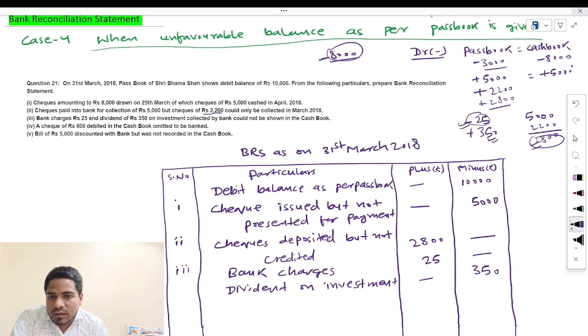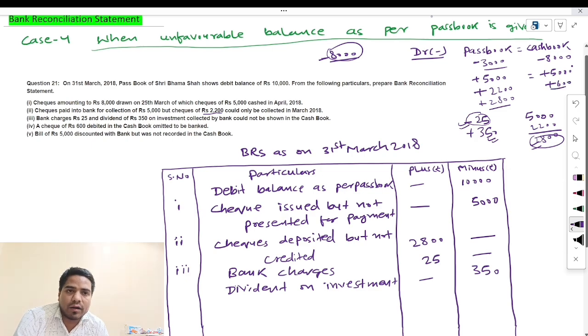Next, a check of rupees 600 debited in cash book was omitted to be banked. It means you had debited in your cash book, meaning you had added in your cash book, but omitted to record it in the passbook. What will you do here? You have to add this one also in your passbook.